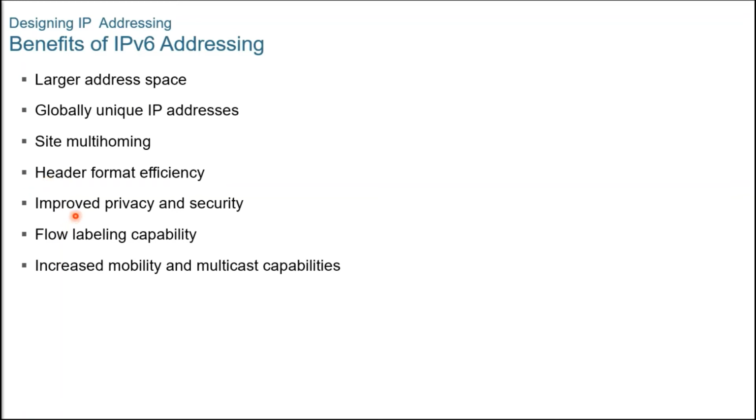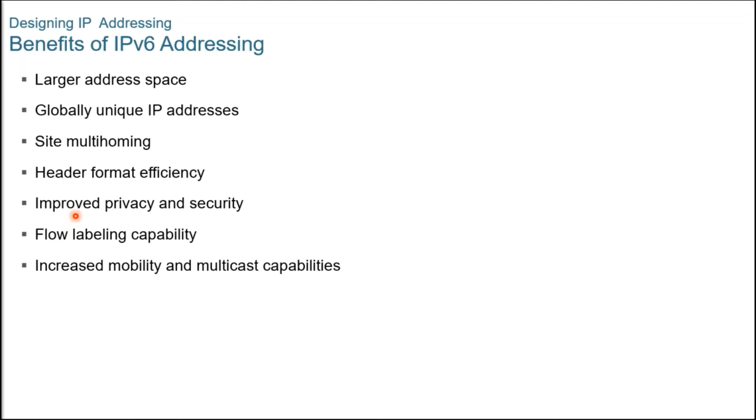Next would be improved privacy and security. IPsec is the IETF standard for IP network security, available for both IPv4 and IPv6. Although the functions are essentially identical in both environments, IPsec is mandatory in IPv6.